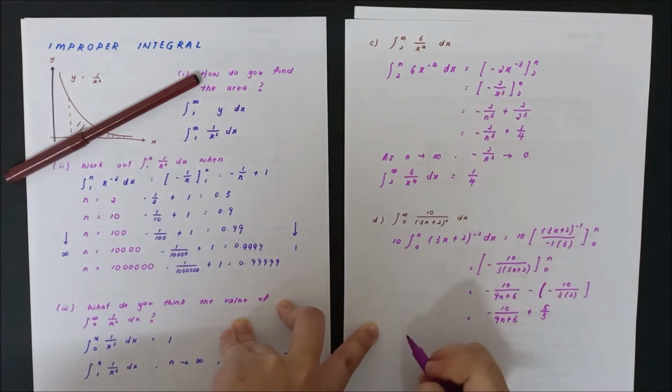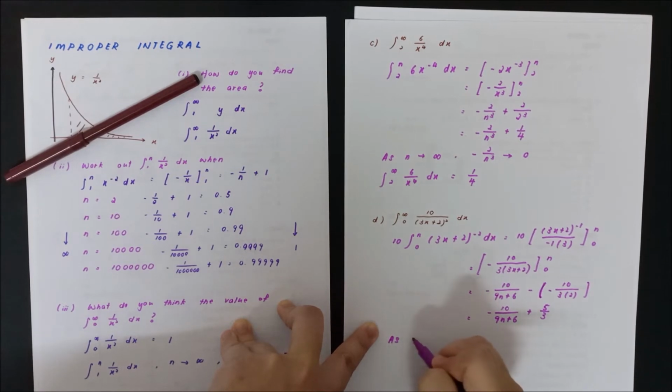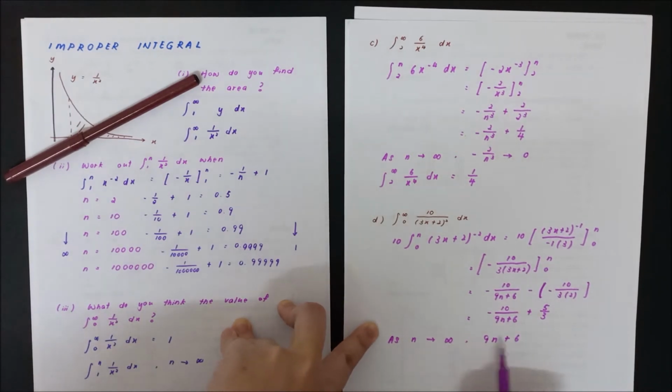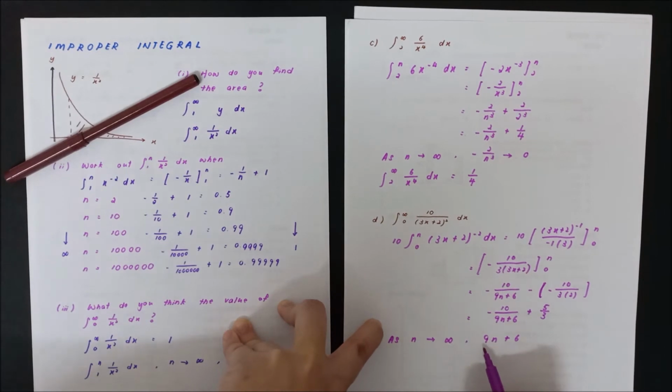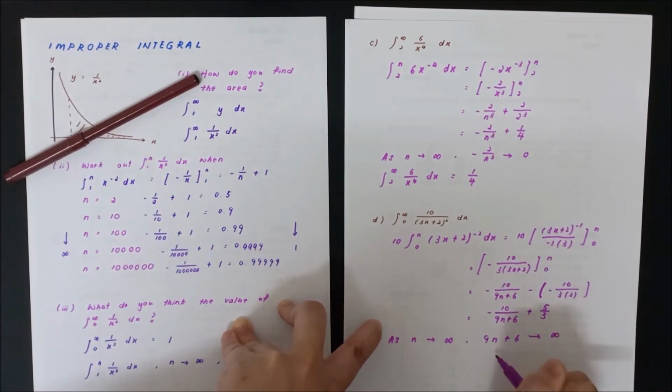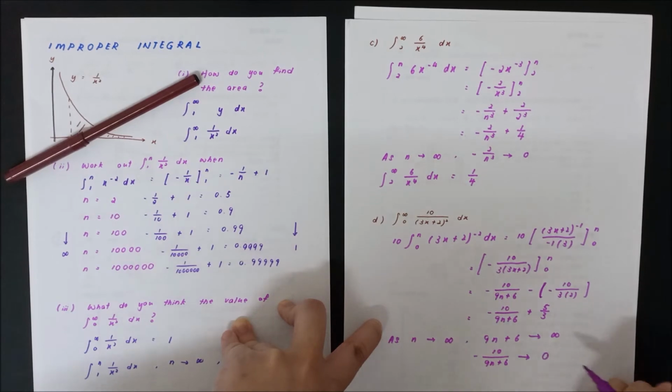Okay, so now let's see this. So when n approaches infinity, what happened to 9n plus 6? So you can see when you have a number that approaches infinity and you times with 9 and you plus with 6, it is going to be infinity also. So that's why negative 10 over 9n plus 6 is going to approach 0.